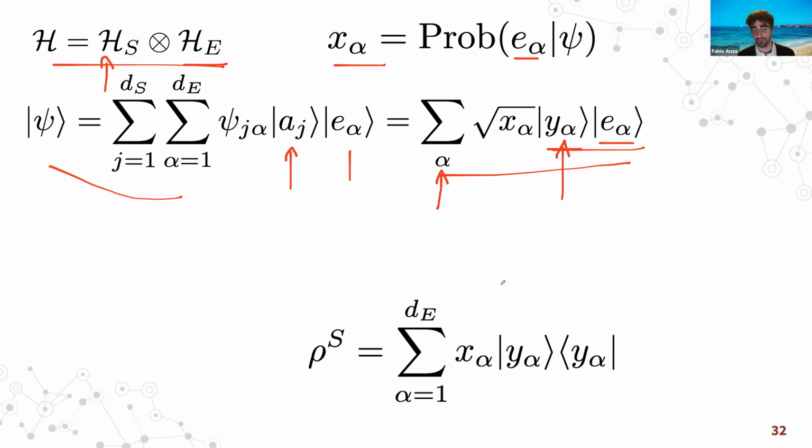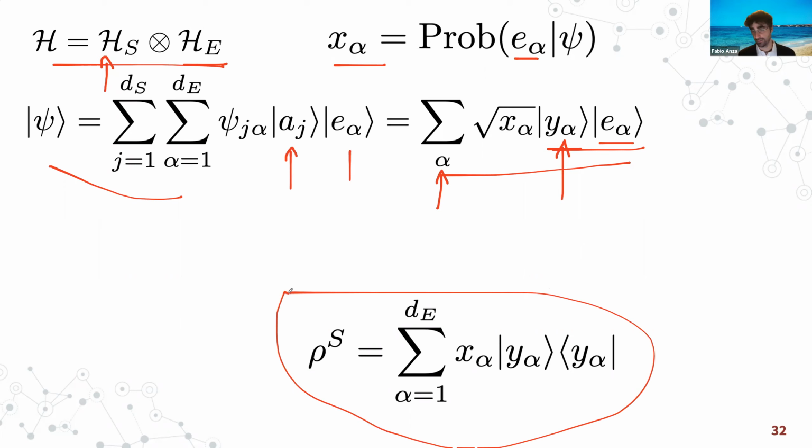And so you can directly compute the density matrix by doing the partial trace, and you realize that in this basis it essentially gives you a diagonal decomposition. It's not diagonal in the strict sense, because this sum goes from one to the dimension of the environment, and so the states Y alphas are not orthogonal to each other. They don't form a basis. There is a lot of them.